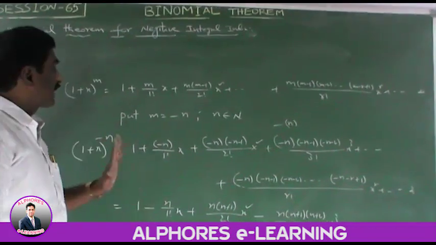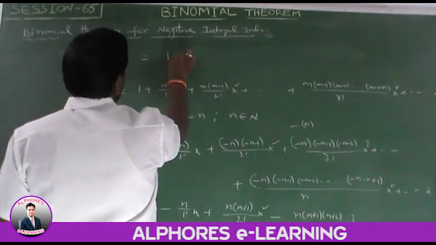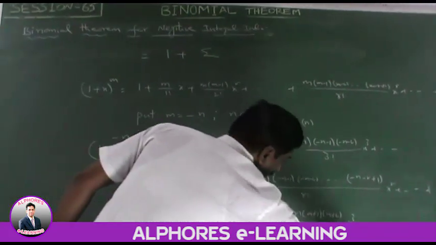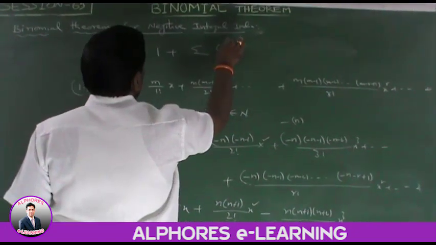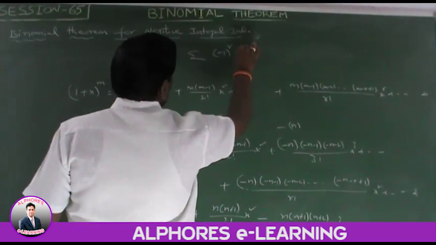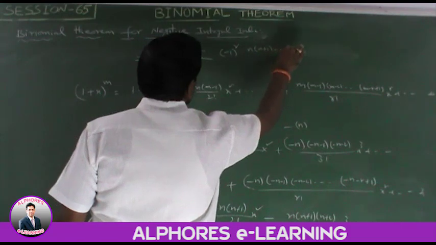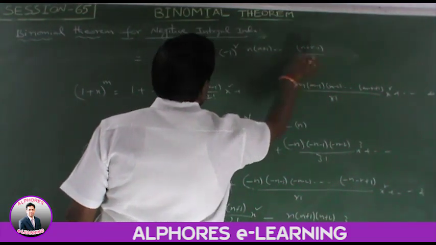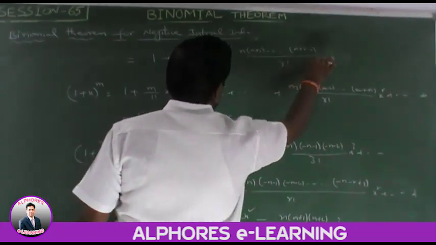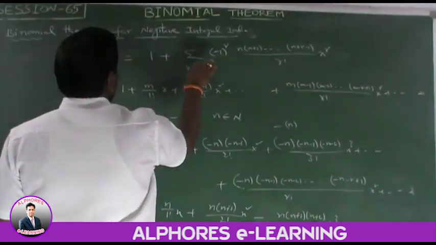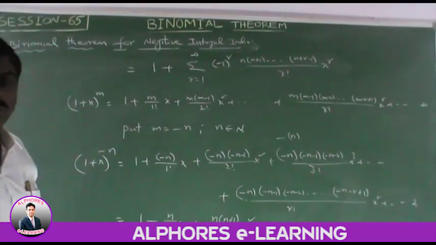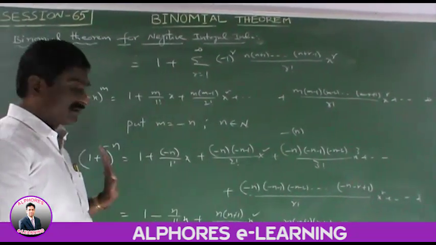Simply this can be written as 1 + sigma of the nth term: (−1)^r n(n + 1)...(n + r − 1)/r! x^r, where r = 1 to infinity. It is the general expansion.